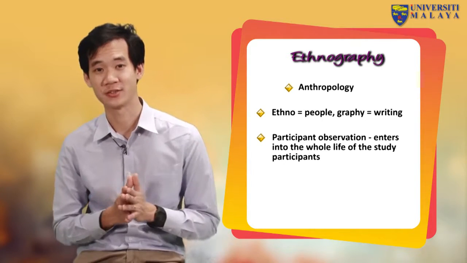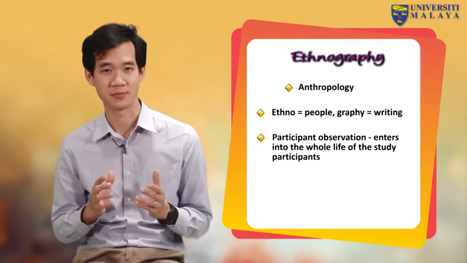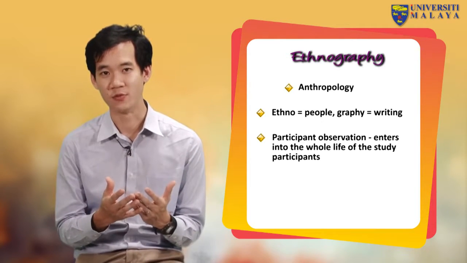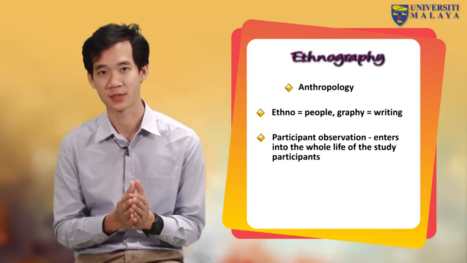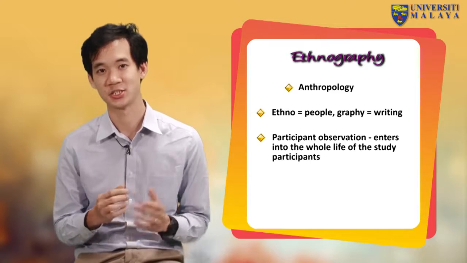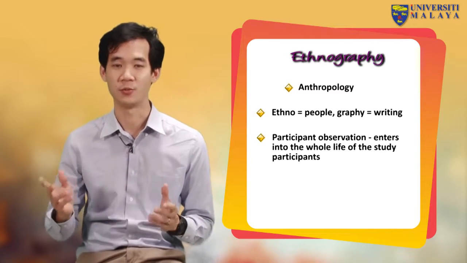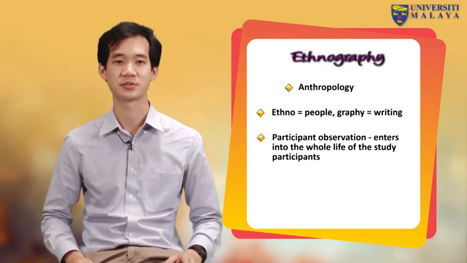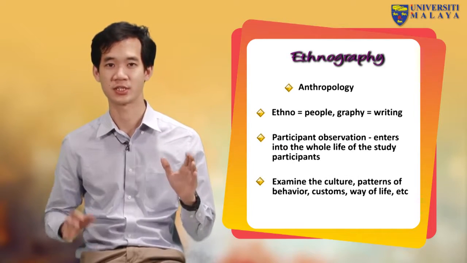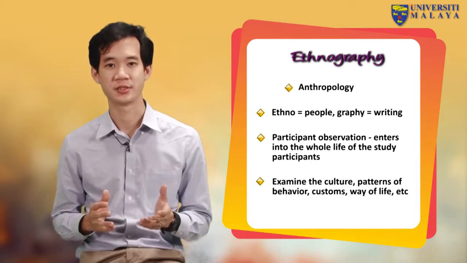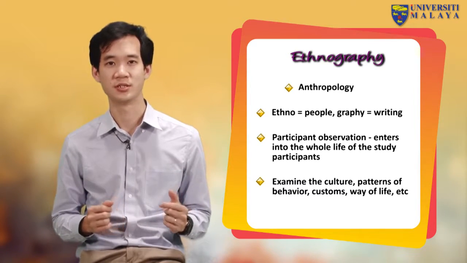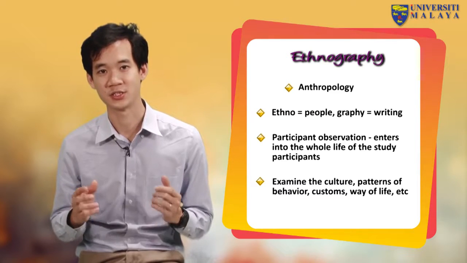The researcher in ethnography may observe them as they stay with them, as they follow them up over extended periods of time, and be present at significant life events such as family gatherings, weddings, and even funerals. The researcher is interested in examining and describing the culture, the patterns of behavior, the customs, or the way of life of this group of interest.